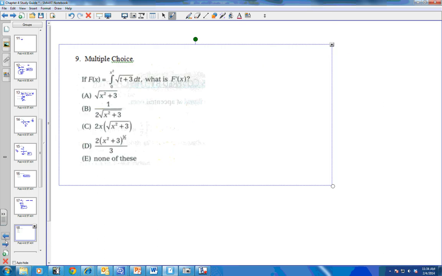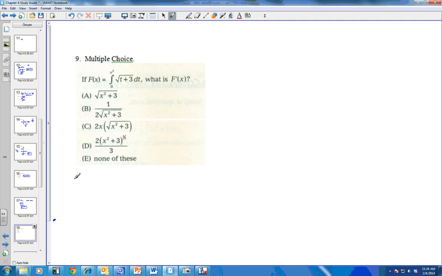Number 9, this is the fundamental theorem of calculus, that second part. If f of x, so this means the antiderivative, they want to know what is the derivative of that. Well, if I'm finding the derivative of the antiderivative, remember the rules.